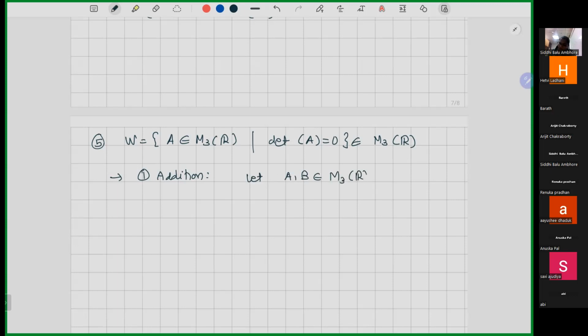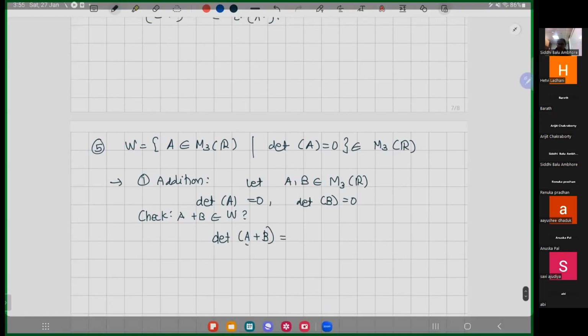Now what I want to check is the determinant of A plus B, whether A plus B belongs to W or not. Can somebody tell me what is the determinant of A plus B?